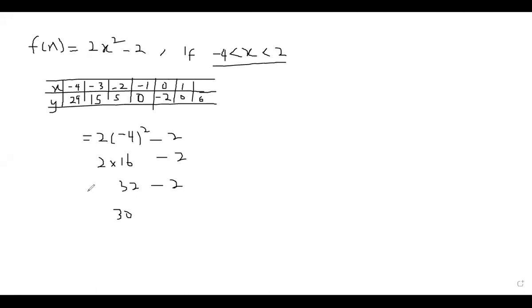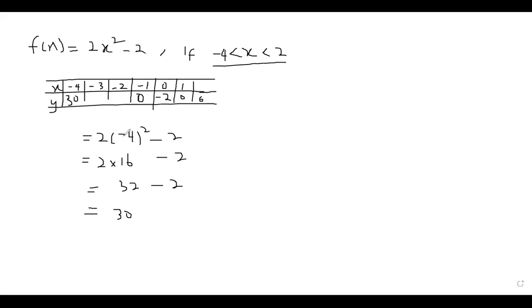So that value 2 is wrong. Let's clean it. In fact, let's clean all the values and re-estimate. So this gives us 30.